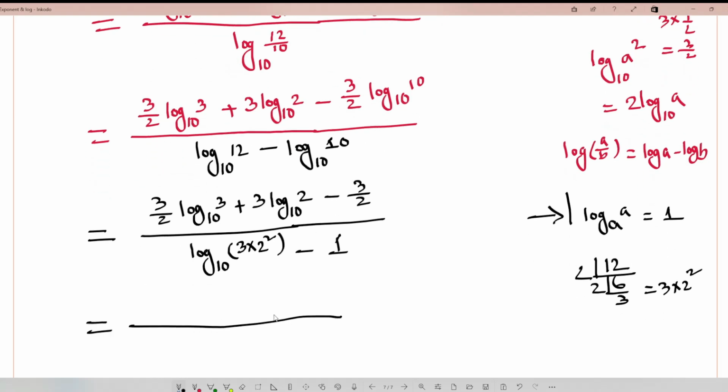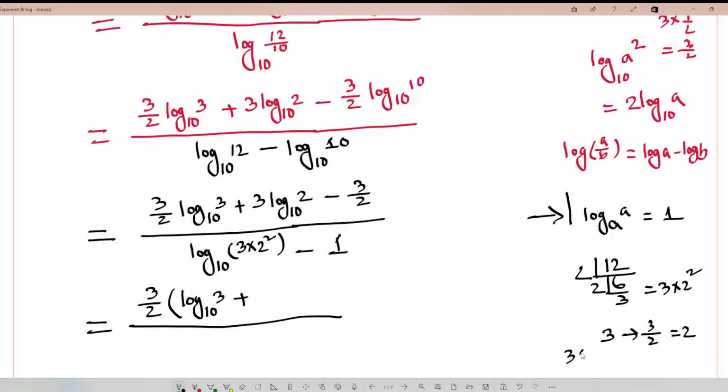Why? Because we know the rule, log base a of a equals 1. Now we can take common 3 by 2. So 3 divided by 2, and here is log base 10 3 plus, from 3, when we take common 3 by 2, it will become 2.